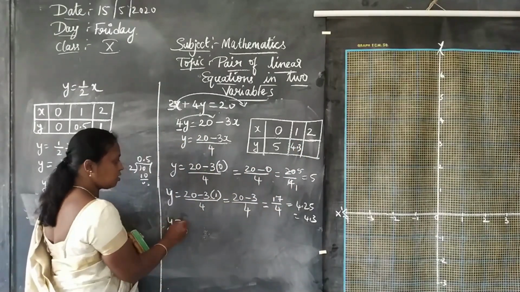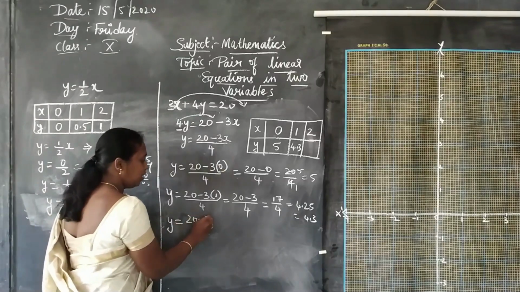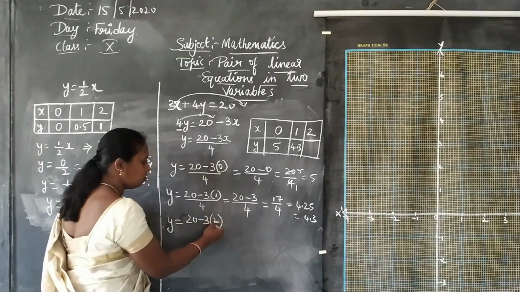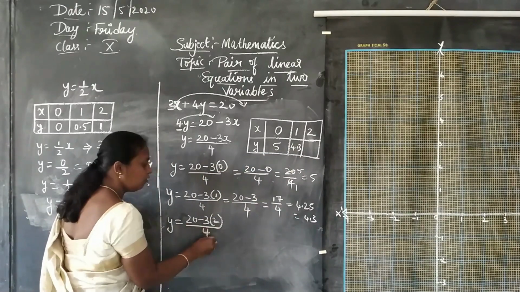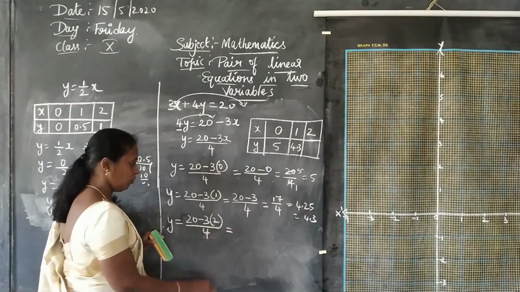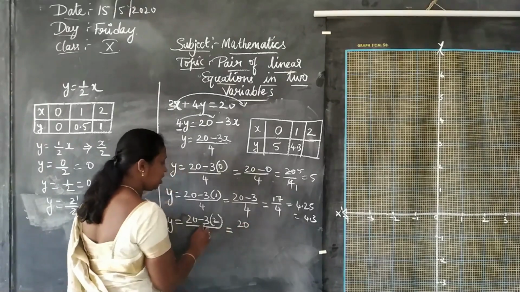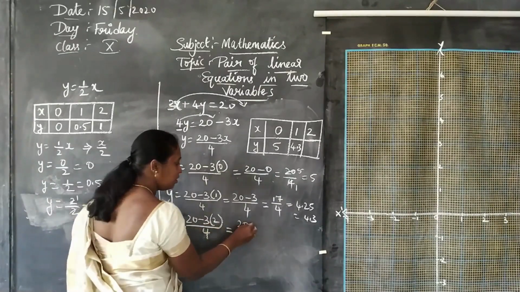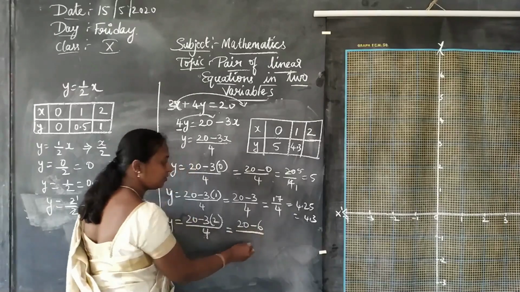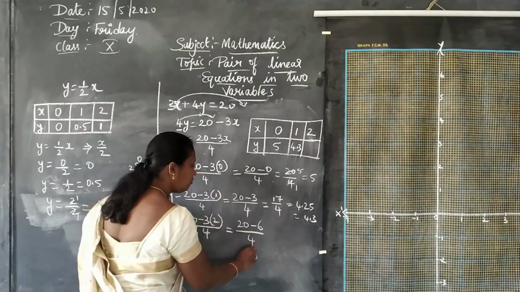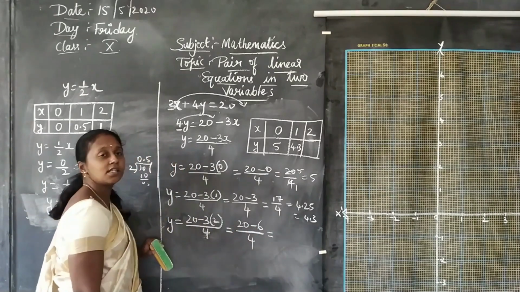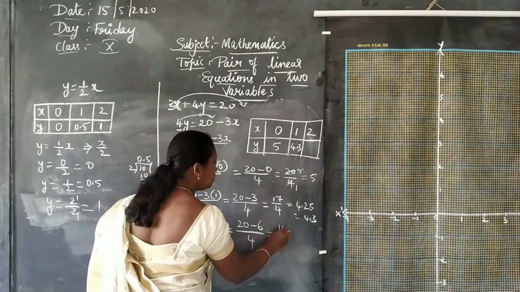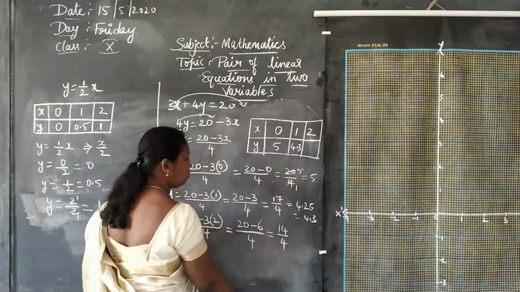y is equal to 20 minus 3 into 2. The next value is 3 into 2, divided by 4. 20 minus 3 twos are 6, divided by 4. What will you get? 20 minus 6 is 14 by 4.